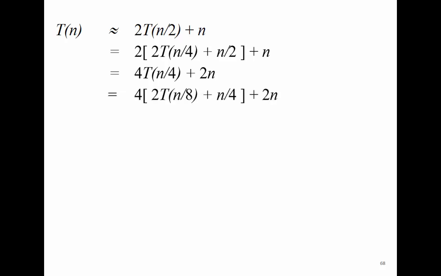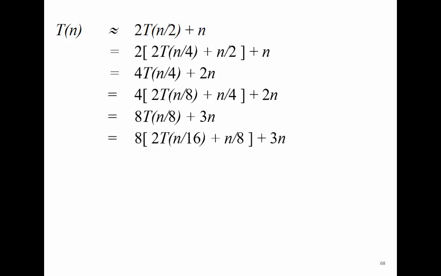If you have one more iteration, you substitute again and divide the array by 2, so you have n over 8 plus n over 4 inside T of n over 4. You will end up with the formula 8 times T of n over 8 plus 3n.